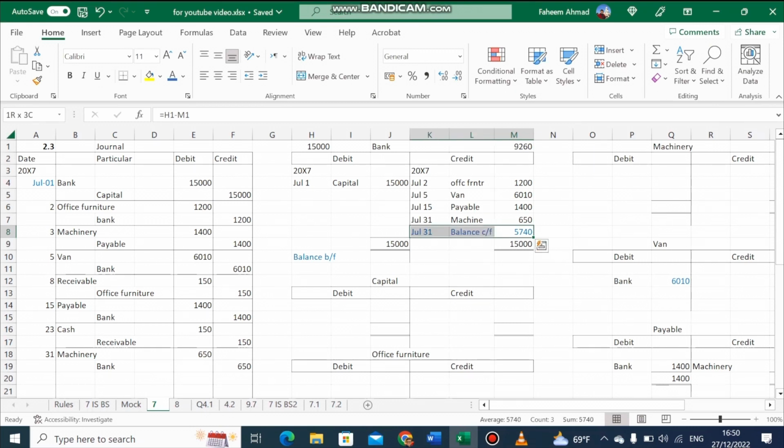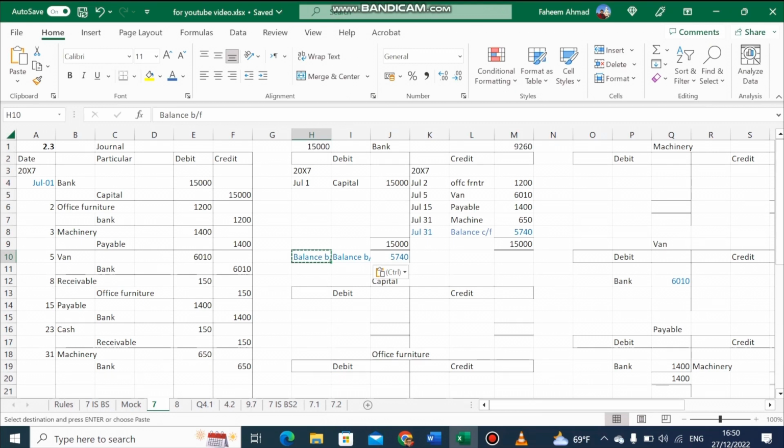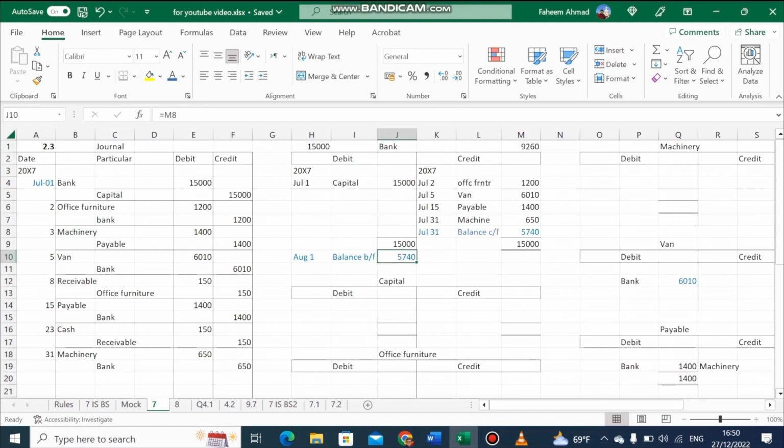Closing balance on 31st of July is 5,740. I'm going to take this balance diagonally. It's a balance brought forward, opening balance of the next month. So on August 1st, bank balance will be 5740. I repeat, closing balance for July is 5740 and this is the opening balance for the next month.